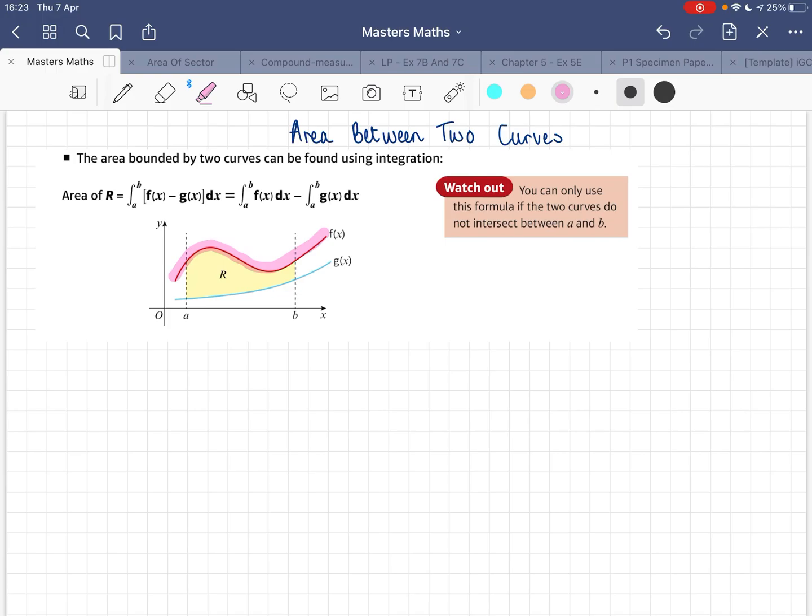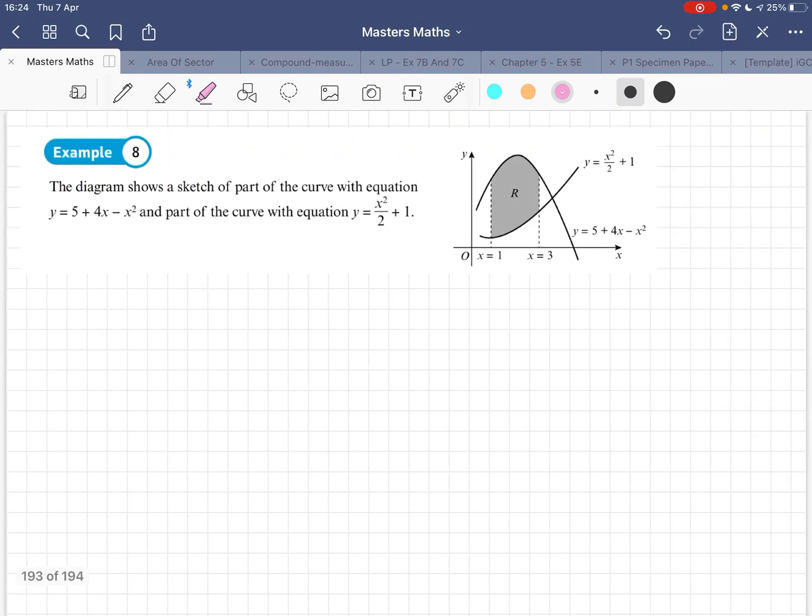So the first example, we're going to do it by integrating the first curve, integrating the second curve, and then subtracting the results. The second example I'm going to do by subtracting the curves first and simplifying that and integrating the result and putting the limits on to find the area between them. Okay, so it'll make more sense once you see an example, I hope.